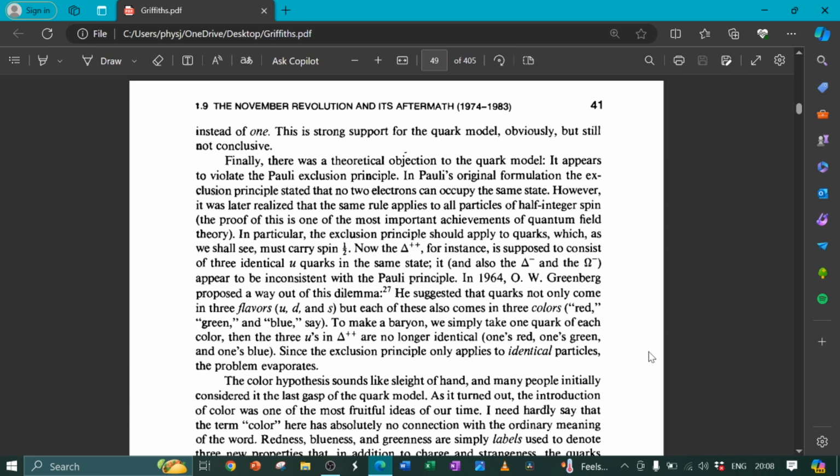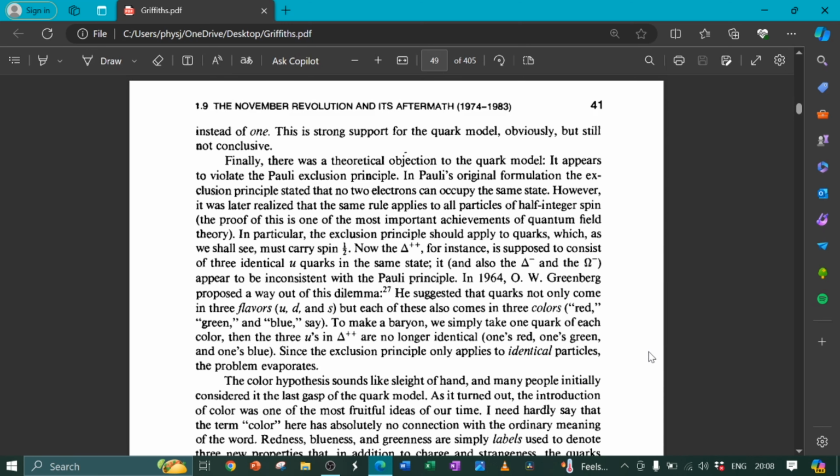In 1964, O.W. Greenberg proposed a way out of this dilemma. He suggested that quarks not only come in 3 flavors, U, D and S, but each of these also comes in 3 colors, red, green and blue, say.